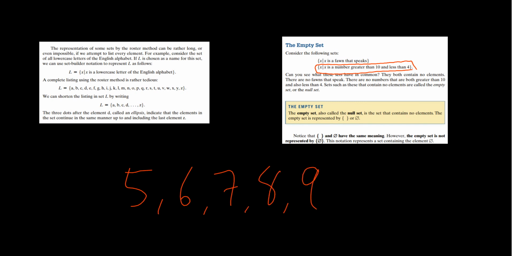All right, the operative word "and" there means that both criteria must be abided by. Okay, so that's why this particular example on this page was indeed the empty set.